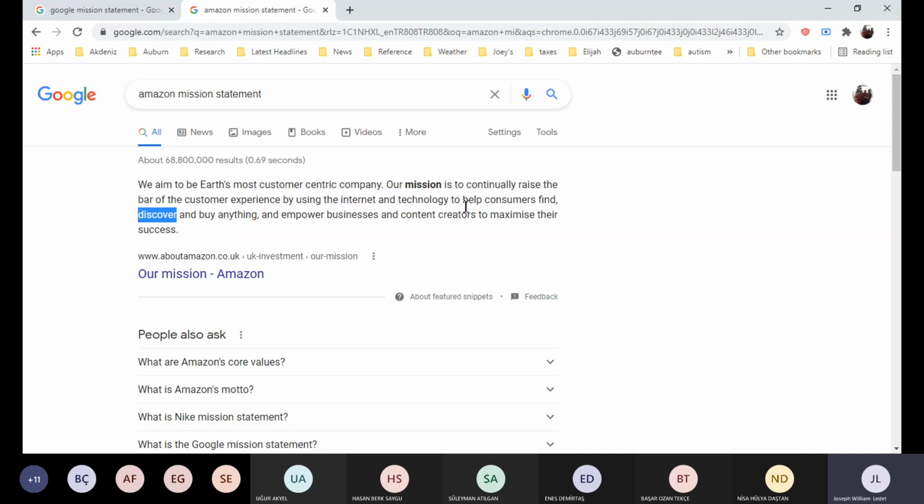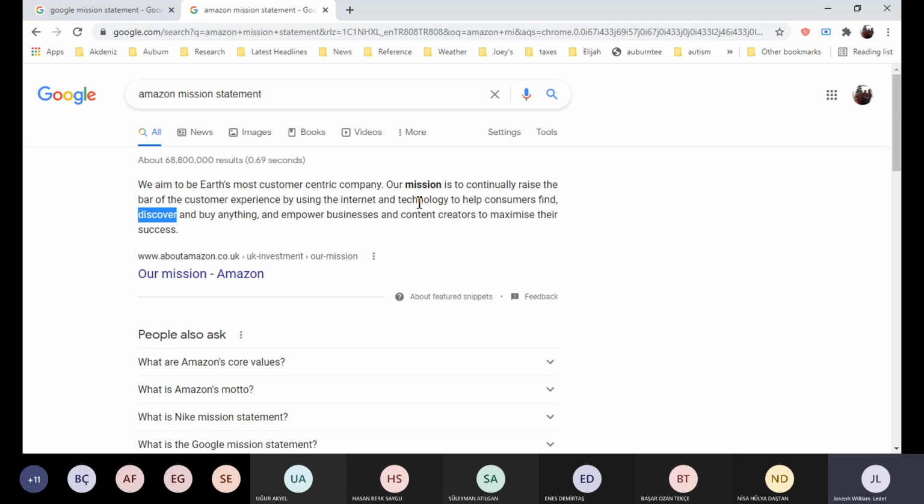So we want to make sure that our mission statement is focused enough that we don't be so general as, our mission statement is to create world peace, right? Well, okay, well, but how, right?